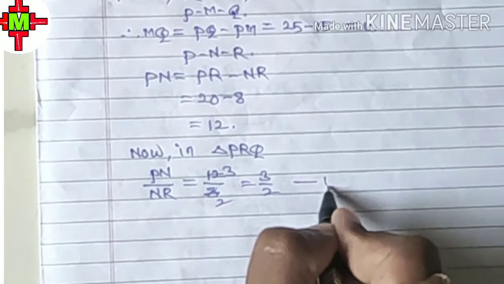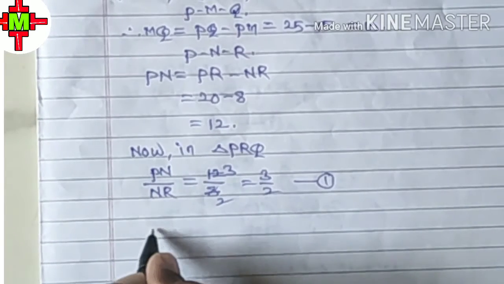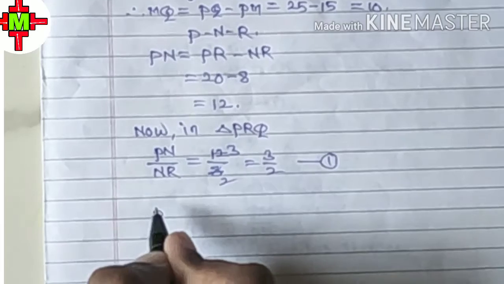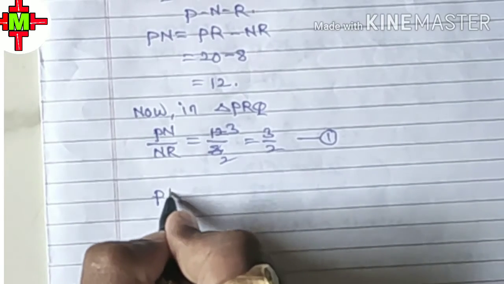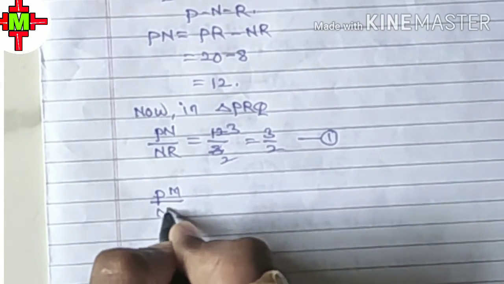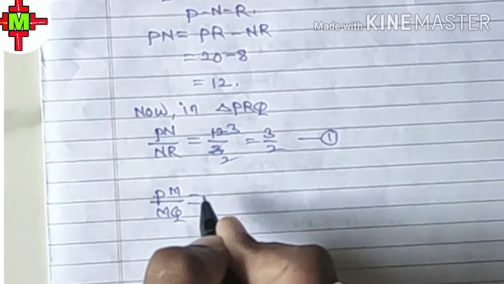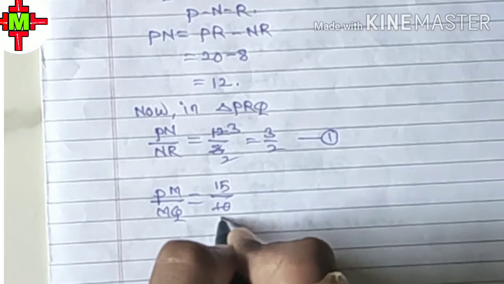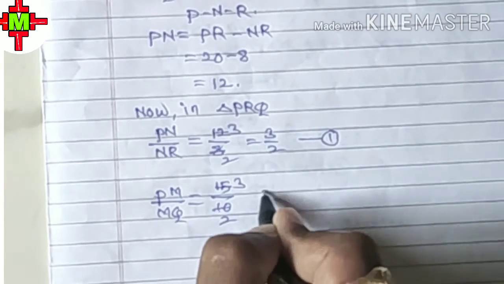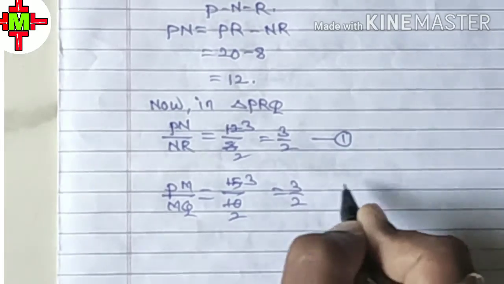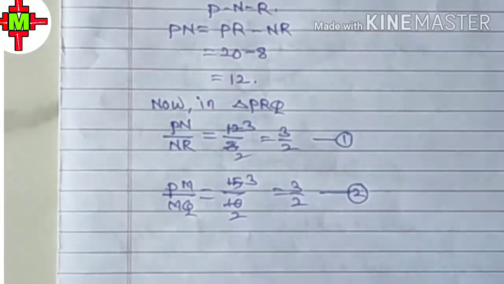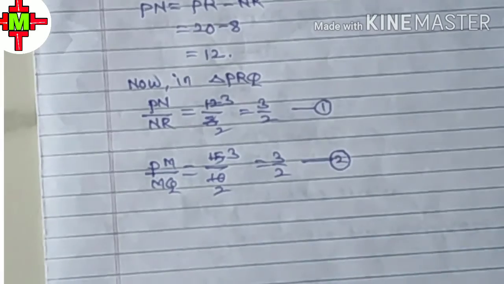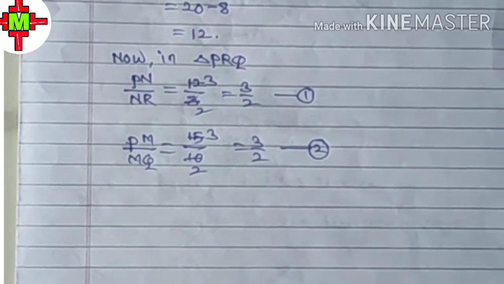Give this equation number 1. Now PM divided by MQ is equal to 15 divided by 10. That means 3/2. Give this equation number 2.